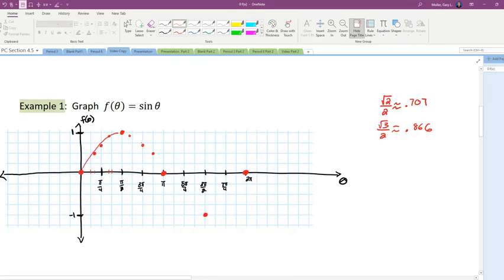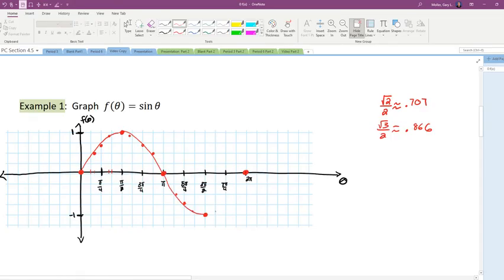It looks to me like we have a graph that looks about like this. And once again, at 5 pi over 4, halfway between the 0 and the negative 1, we're going to be about 0.707, so that's going to be real close to here. Then a little bit in, we're going to be at a half, and a little same amount past it, we're going to be at 0.8 something. So I get a graph that looks like this.